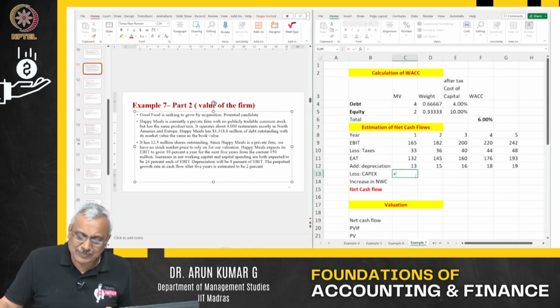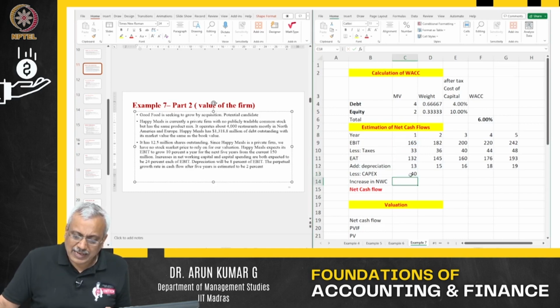So, what happens? It is basically EBIT into 0.24 that is going to be my capex. My capex here is going to be this much. Same as of course, my increase in working capital is also going to be so much, 0.24. It is not going to be very different. So, what is my net cash flow?